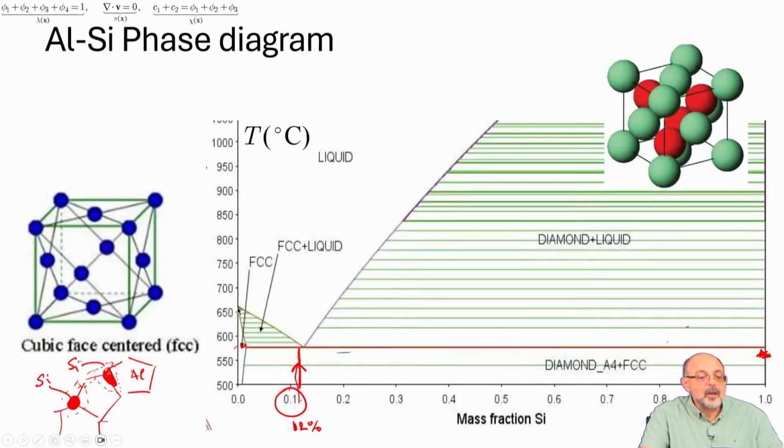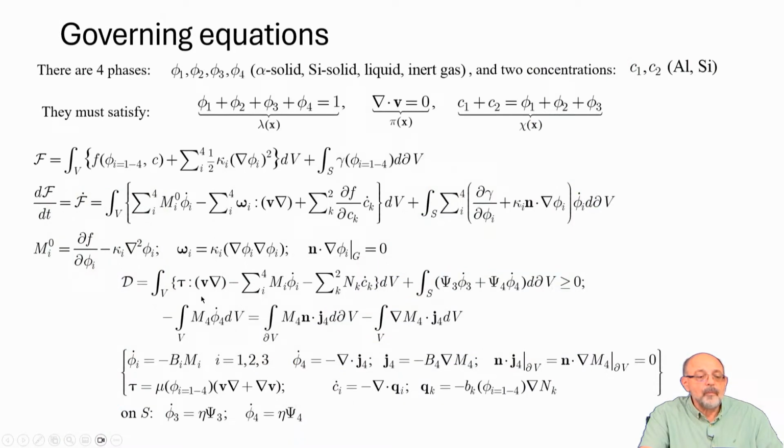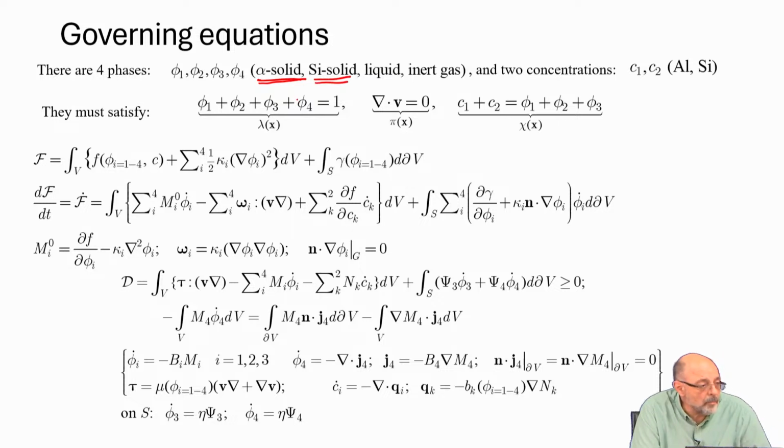But can we simulate it? How do we represent a model? So what will be the phases in our model? I have alpha solid, alpha that's aluminum, FCC. I have silicon solid, that's diamond structure, right?